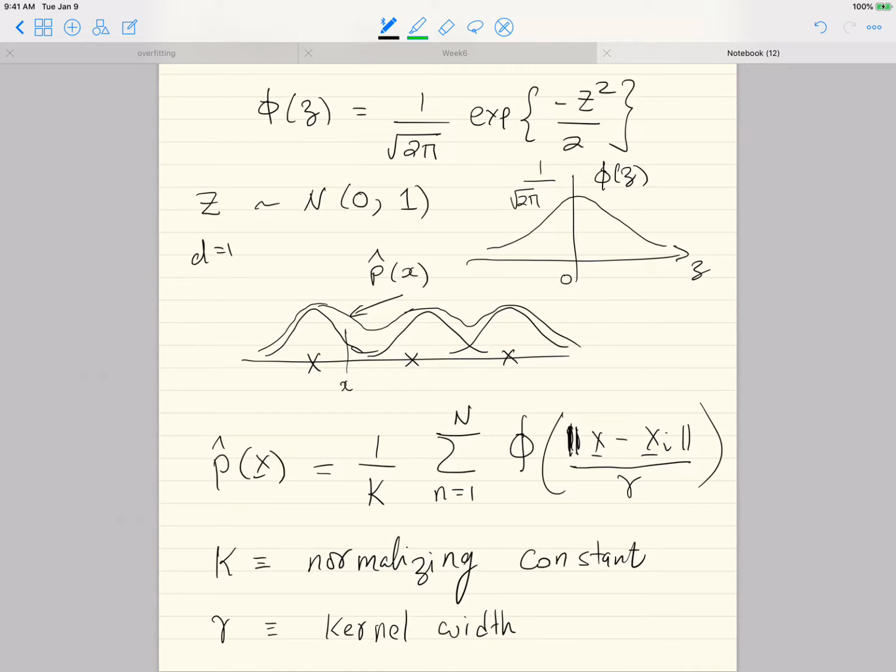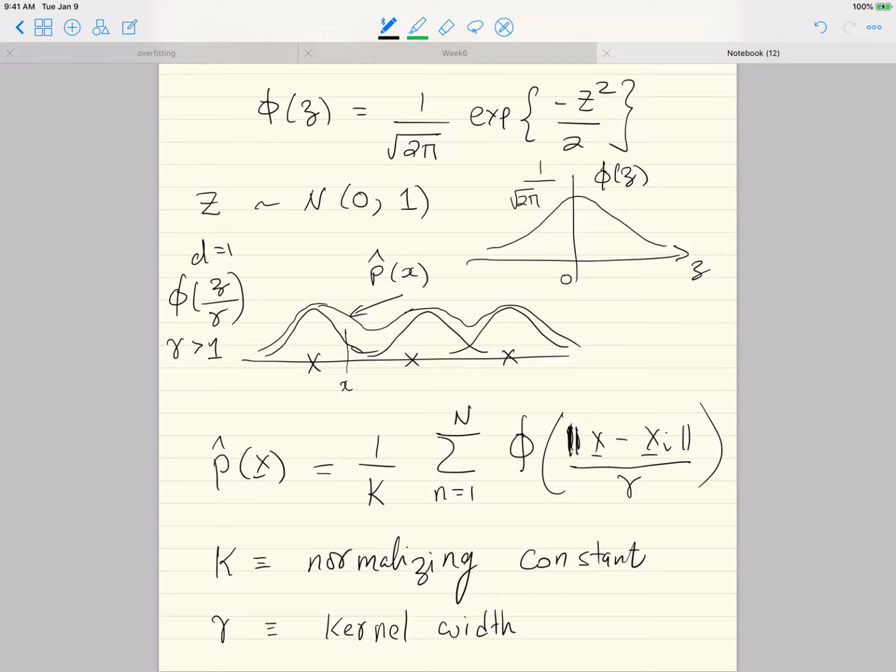Imagine you are sketching phi of z divided by r, and let's say r is greater than 1. If I were to sketch this function on this plot, how will it look? Will it be a stretched version of phi of z or a shrunk version? It will be a stretched version, right? So if r is greater than 1, the width is going to be larger. If r is less than 1, then the width is going to be narrower.